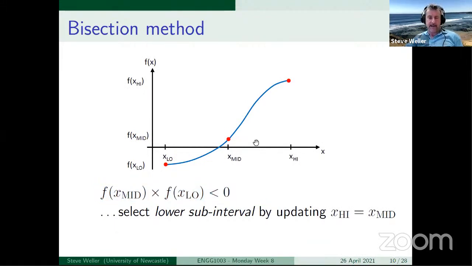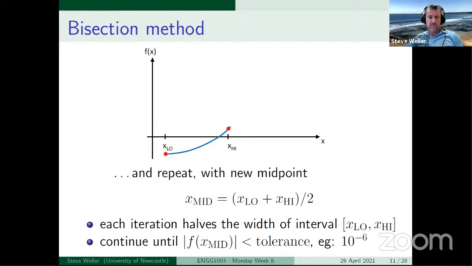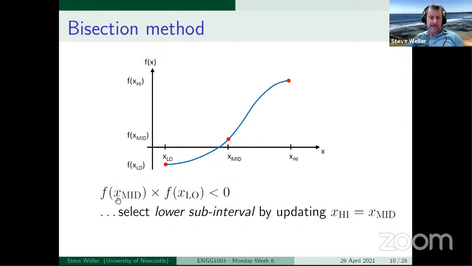If we start in this pattern, we know that if f of x mid times f of x low is negative, so here f of x mid is a positive number, f of x low is a negative number, and we know that a positive times a negative is a negative. So if this condition is satisfied, we can confidently rule out the upper subinterval as a place where the solution exists. It must exist somewhere in this lower half.